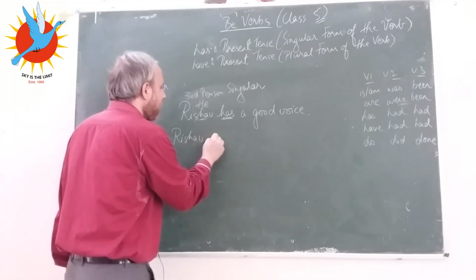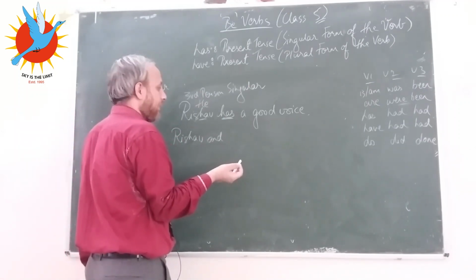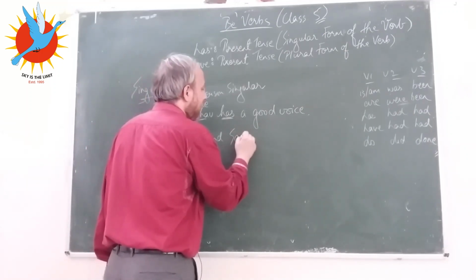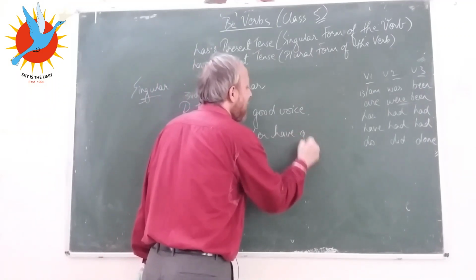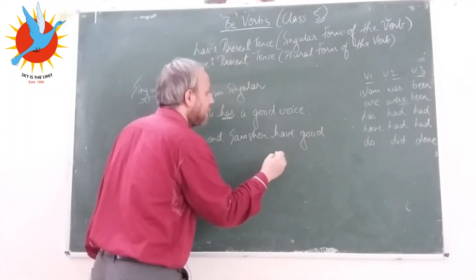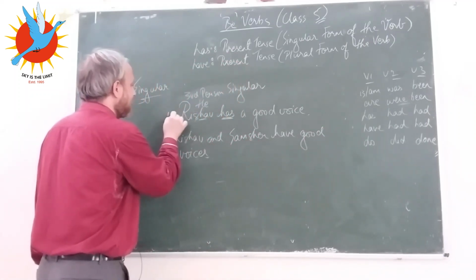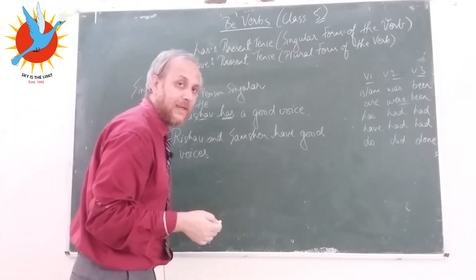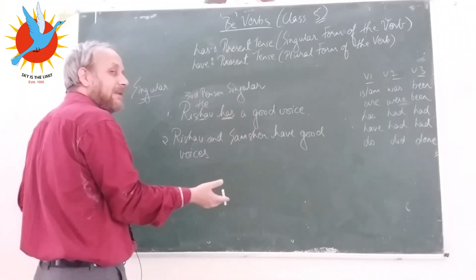Okay, so let's say, who else is there? Rishabh, Aditya, Rohit, Samsher. Let's say Rishabh and Samsher have good voices, V-O-I-C-E-S. So how does it work? Now if you look at this particular sentence number 2, kids, first of all you have to figure out the subject. Who is this sentence about?